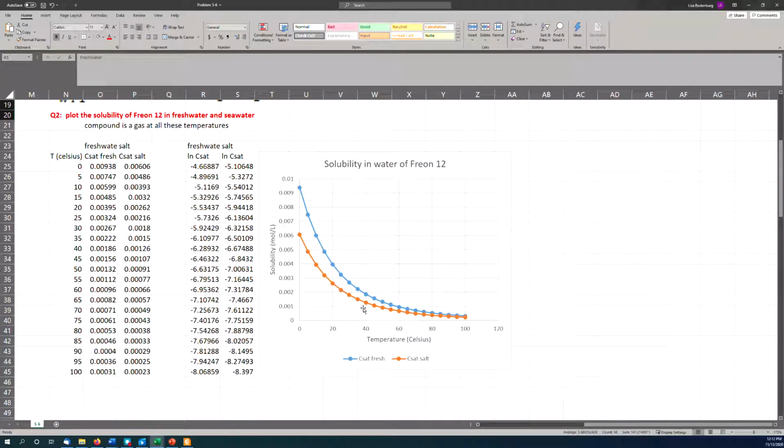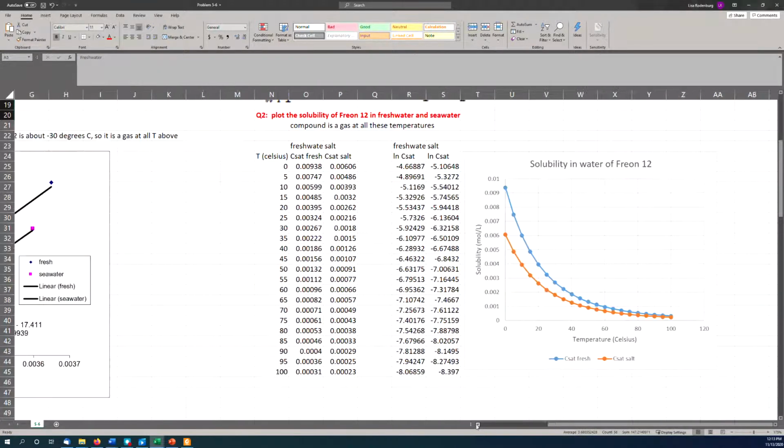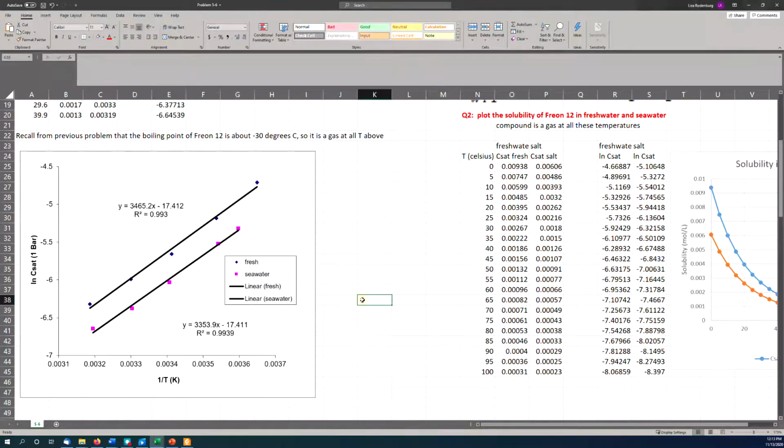So solubility of a gas decreases as the temperature increases. It's a little counterintuitive, but it is nonetheless true. The solubility of a gas decreases as the temperature increases. And again, solubility in the fresh water in blue is higher than the solubility in the salt water in orange. Seawater has 0.5 molar salinity.